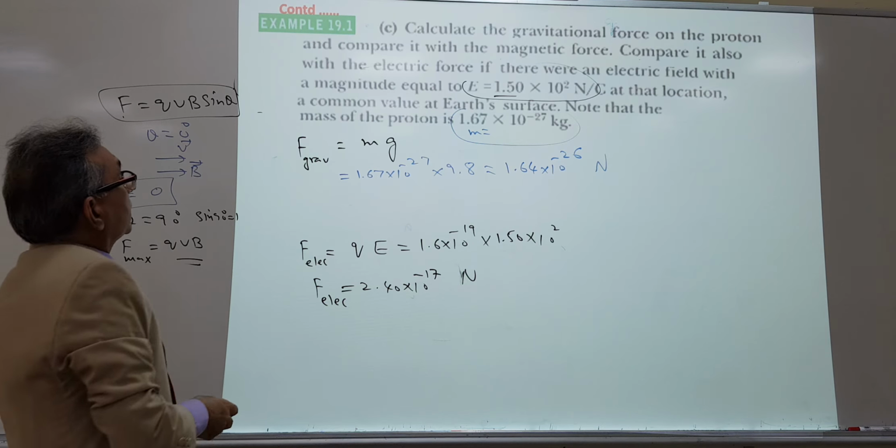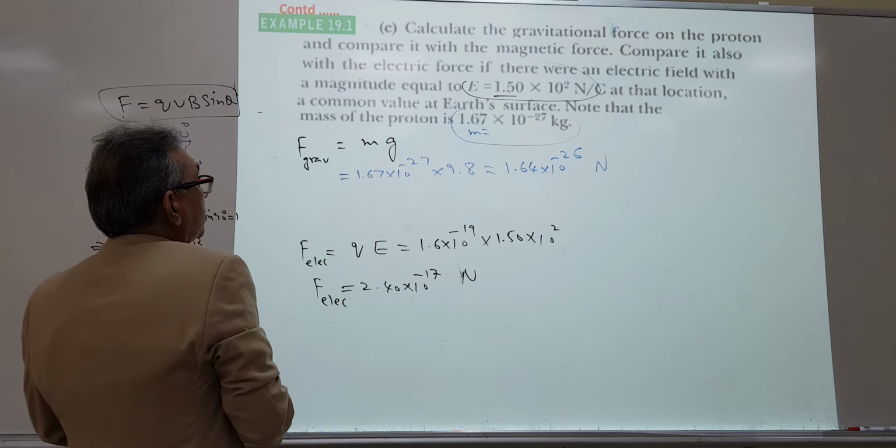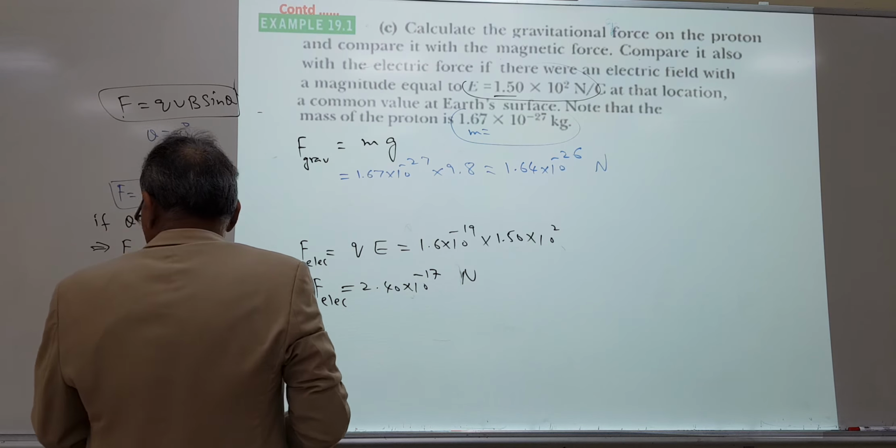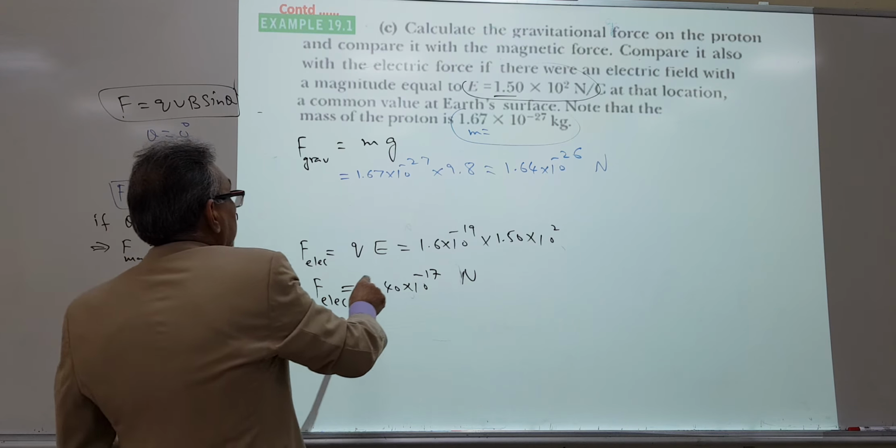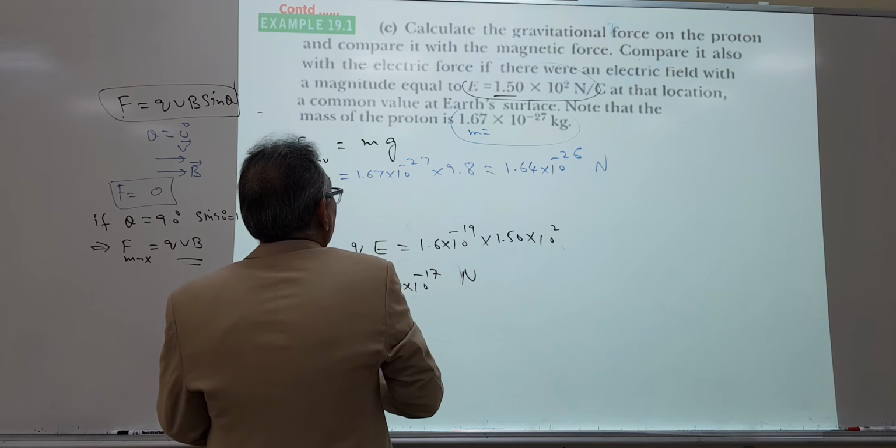So if you compare all these forces, you see the magnetic force in part B is 10 to the minus 19. This is the electric force.